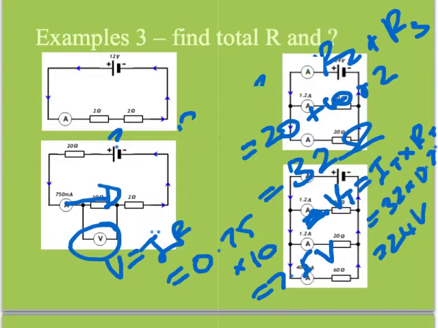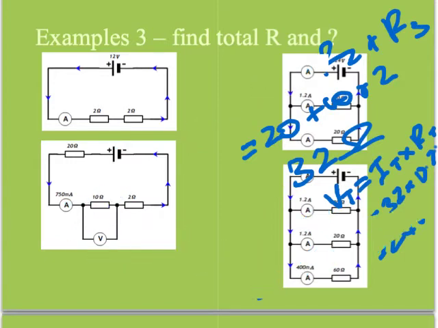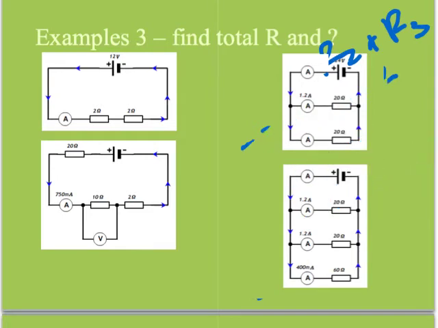Okay, so next one. Now we've got parallel. So up the top here, 2 ammeters missing, that one and that one.